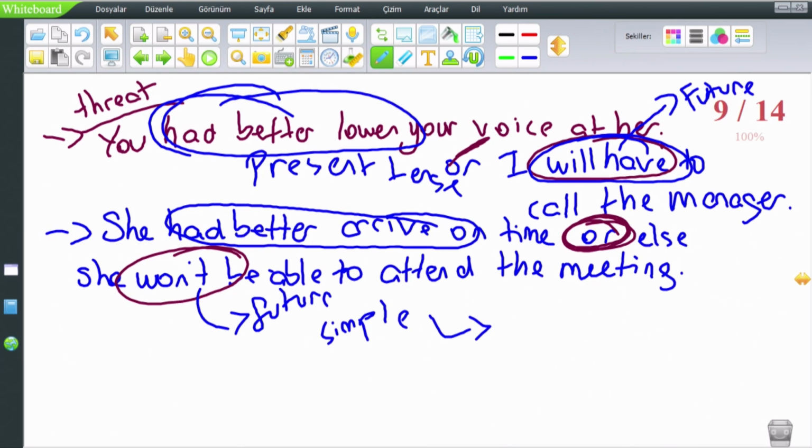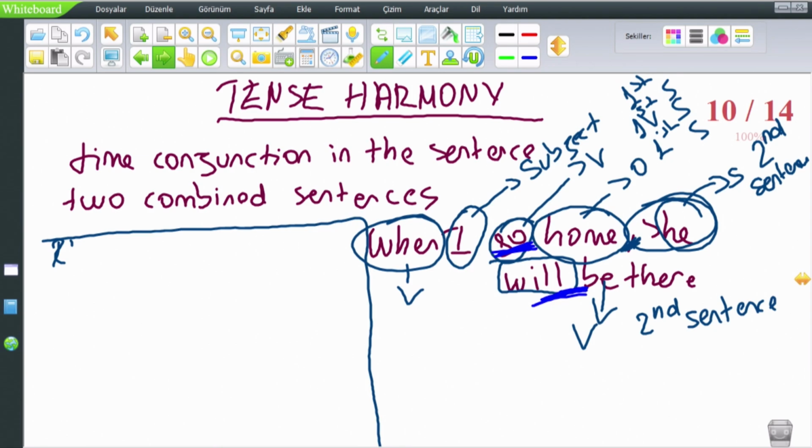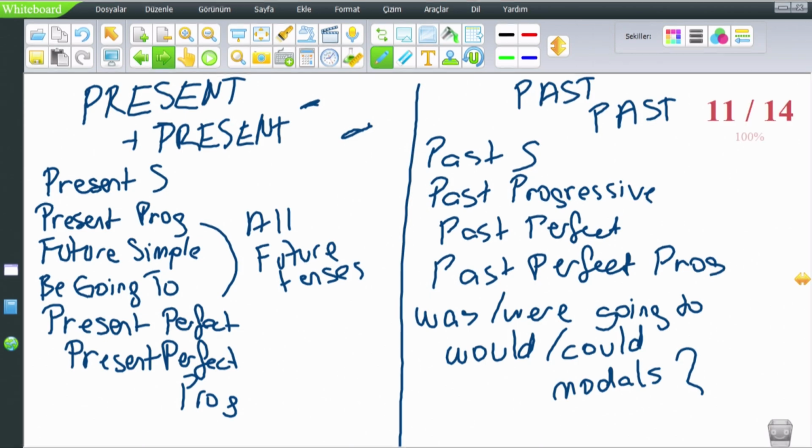And then, apart from modals, we have talked about the tense harmony, which is pretty important both with modals and all the other grammar topics that we have studied so far. If there's a time conjunction, and it doesn't even necessarily have to be a time conjunction, it can also be another conjunction, and if we have two combined sentences, we have to use similar tenses in those sentences.